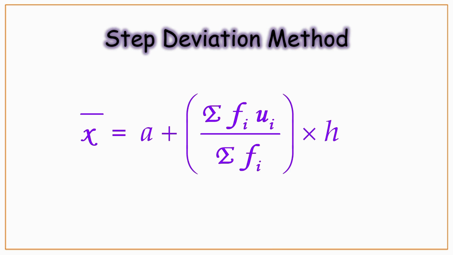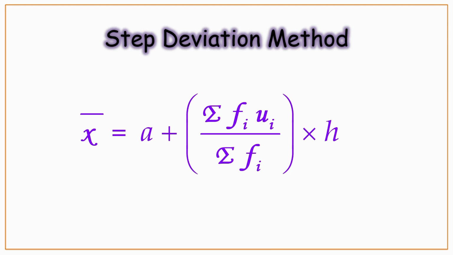So the formula for the step deviation method is x bar, that is the mean, equal to a plus. Already in the previous video we learned about the assumed mean method, where a is the assumed mean. So a plus summation of fi ui divided by summation of fi, into h. Now here we have introduced a new term, that is u.